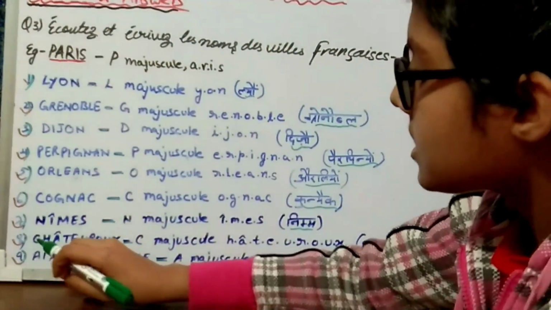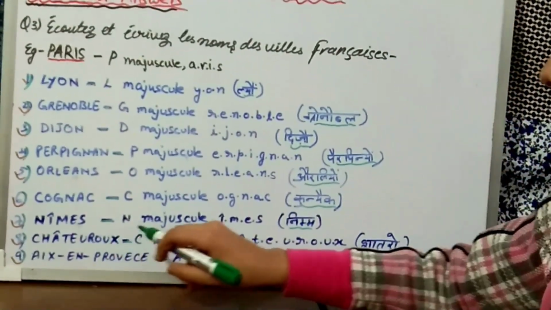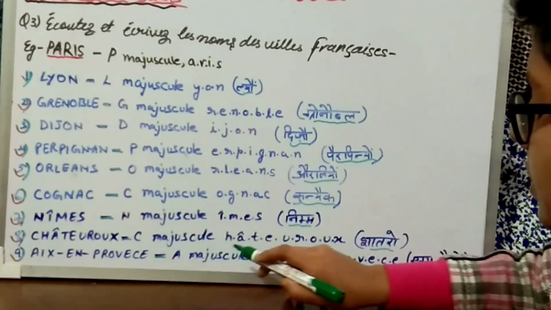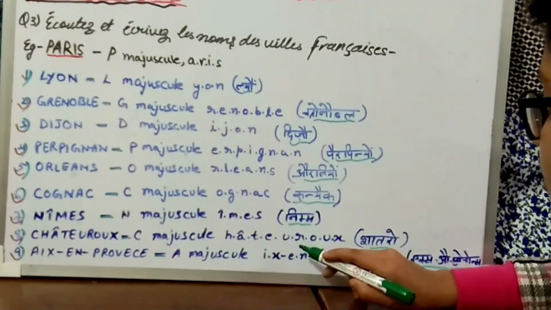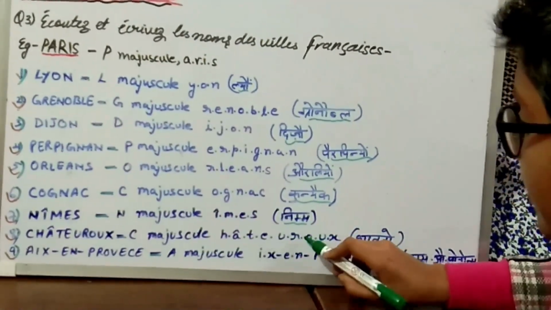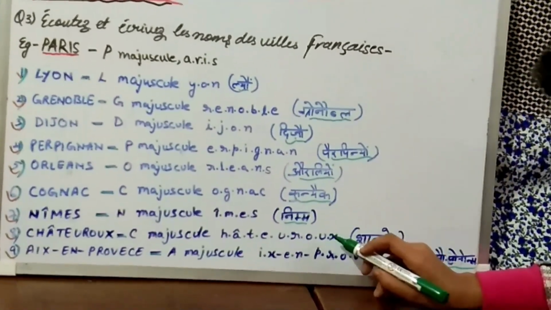It is C-H-A-T-E-A-U-R-O-U-X. Then we have it as C majuscule, H, A, T, E, A, U. Then we have E, R, O, U, X.